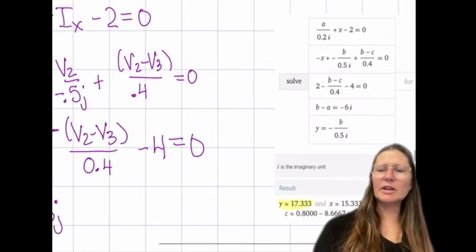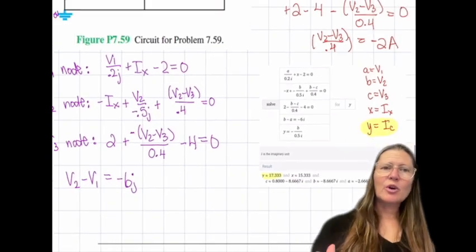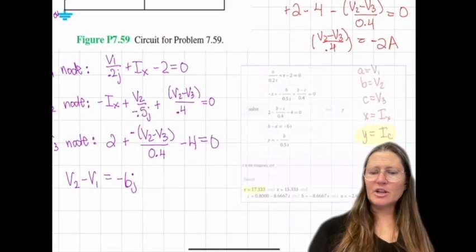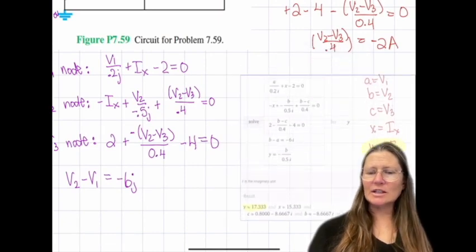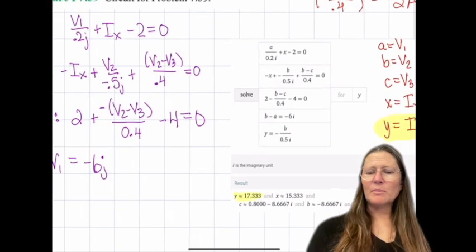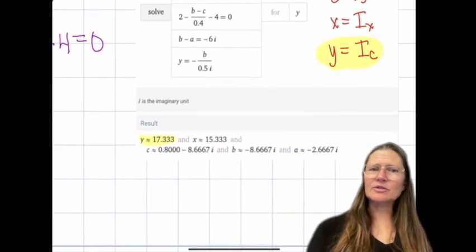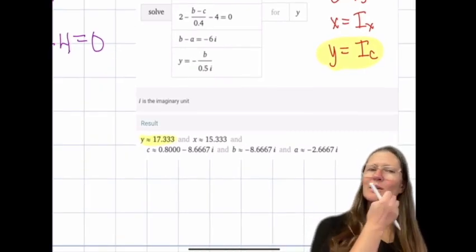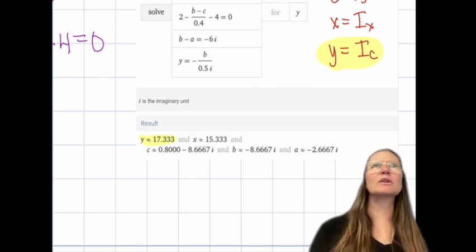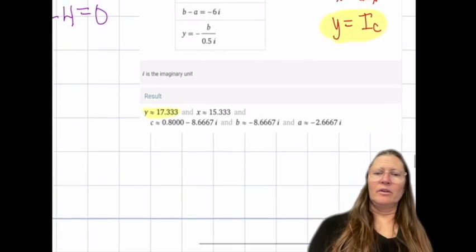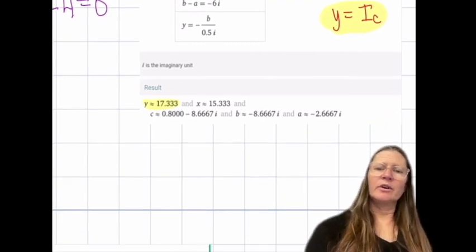And then I just made sure that my equations were the same as this equation set. First time I typed it in, they were not, and so I went back and fixed it, and then was able to get these answers. So Y in this case ends up being 17.333. Questions?